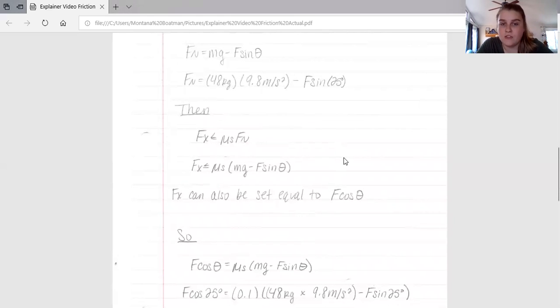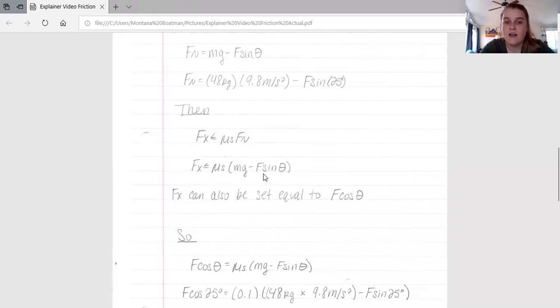So what we just solved up here would give us F of x equals mu of s times mg minus F sine of theta. I know I plugged in the numbers earlier, but if you would actually do the algebra, this is what you would be left with.